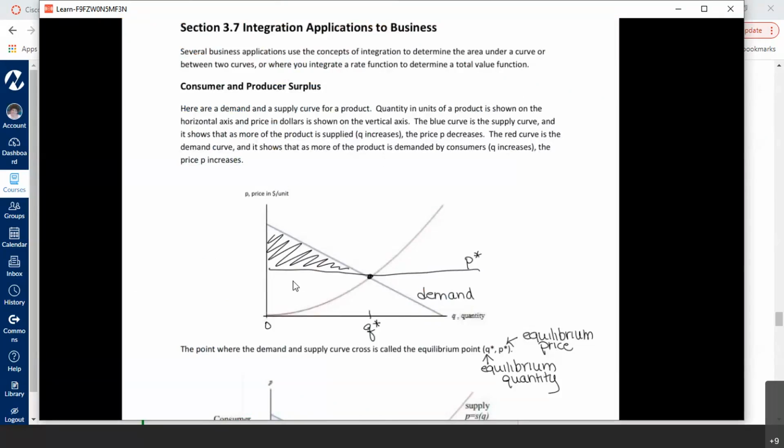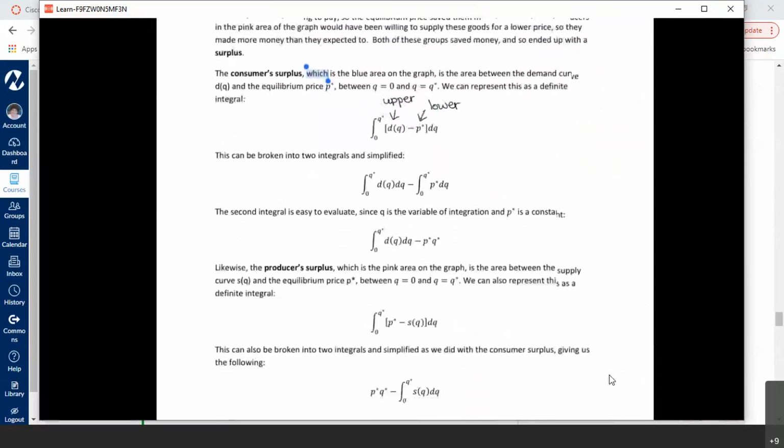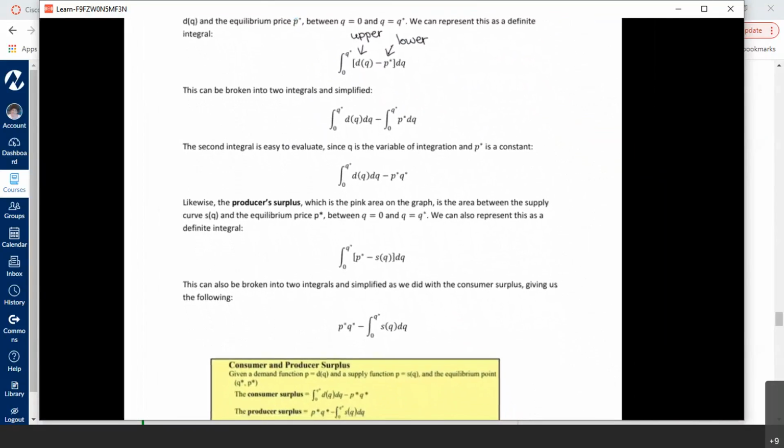Anyway, we're trying to find this area down here where the supply curve's on the bottom and P star, the equilibrium price, is on the top. So that gives us this expression, with first we have the upper curve minus the lower curve, and then we break that into two integrals, and you can see they look kind of symmetric.